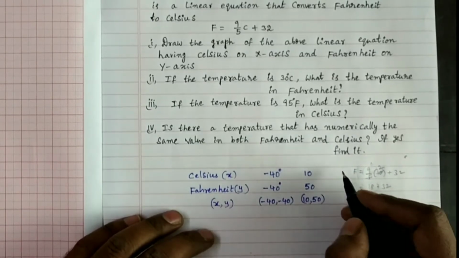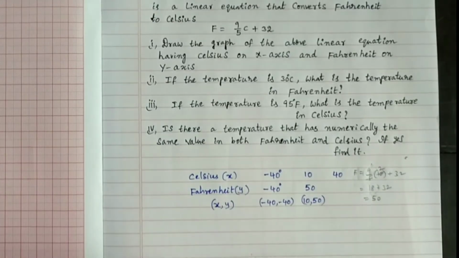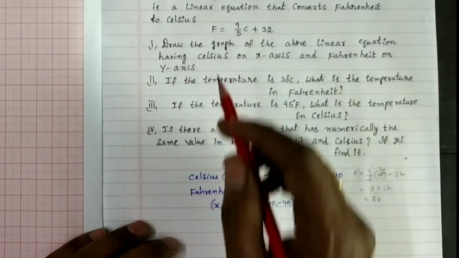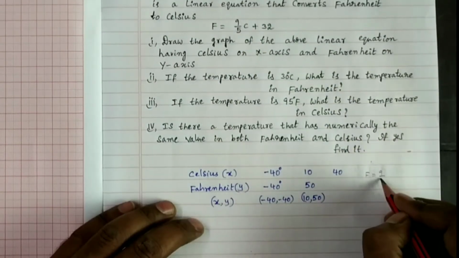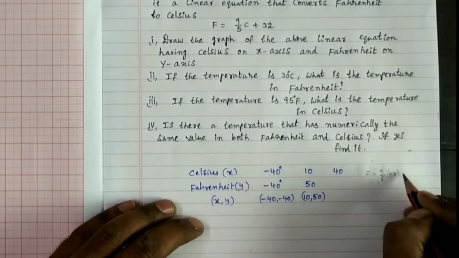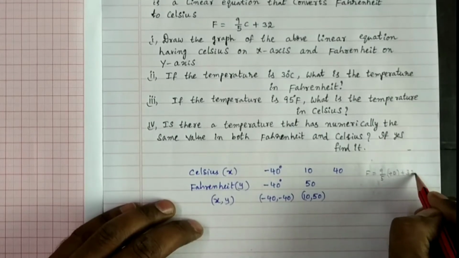And take another positive point, that is 40. Substitute the 40 degrees in the C place of the equation. F equals 9 by 5 into 40 plus 32.